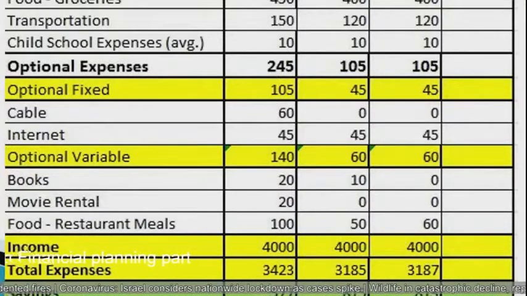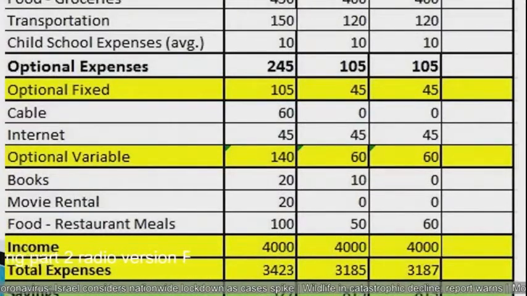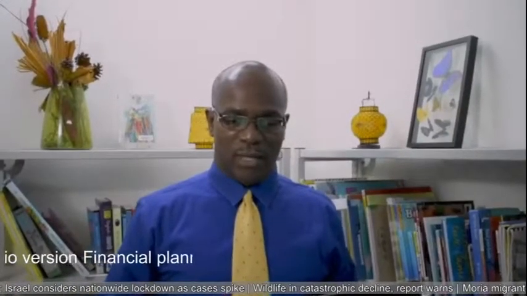Now with a salary and income of $4,000, with the new budget, instead of spending $3,423, they are now intending to spend $3,185 US. And with that, they would then be left with $815 that they can save.